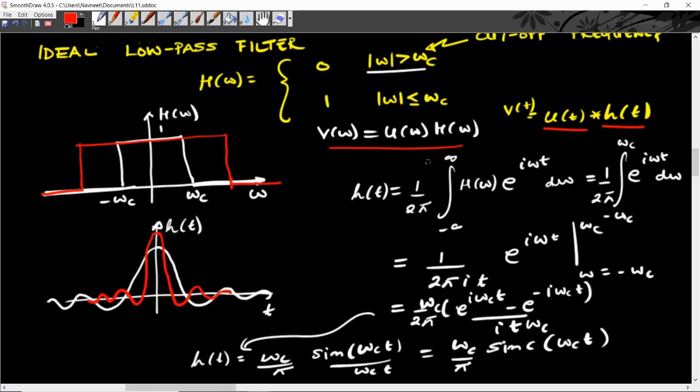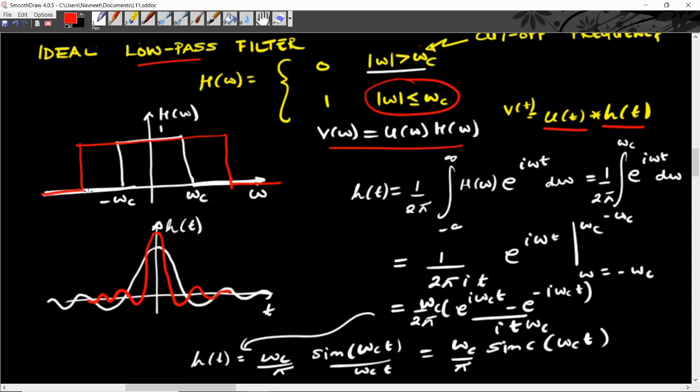Another thing to note is that when we say that this filter is a low pass filter, we mean that the frequencies with absolute values smaller than omega c pass through this filter unchanged, while all other frequencies are zeroed out.